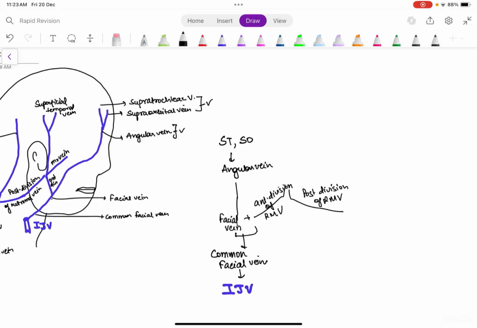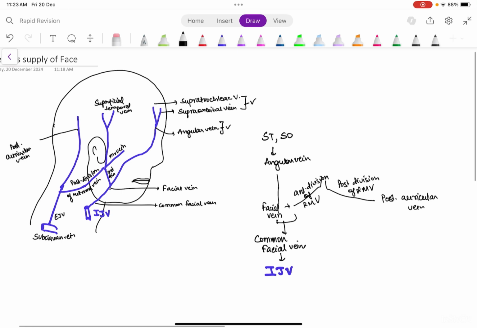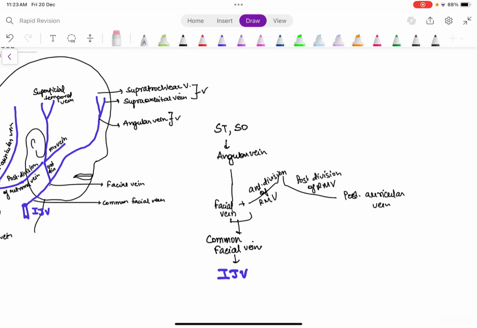So like posterior division of retromandibular vein, it basically had drained or combined with posterior auricular vein, as you can see in the diagram. This is the posterior auricular vein. Okay, so both of them combined and they drain into external jugular vein, which in turn drain into subclavian vein.